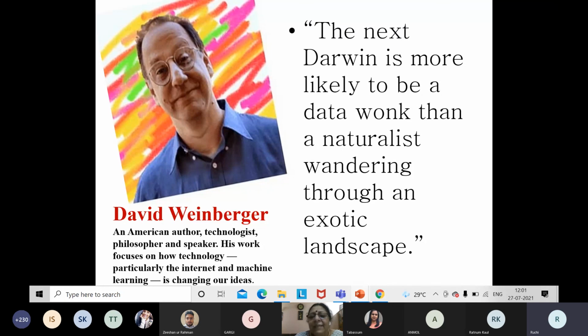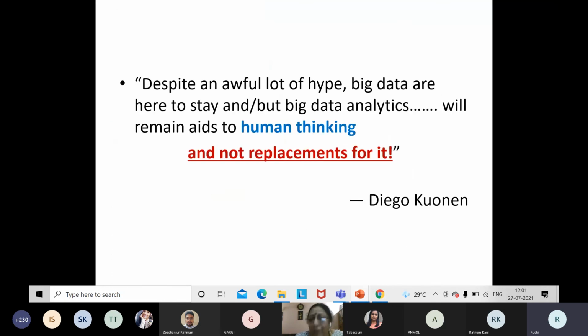But here, a word of caution: despite a lot of hype about big data, about computation, about bioinformatics, remember that they are only aids to human thinking. They cannot replace human thinking.